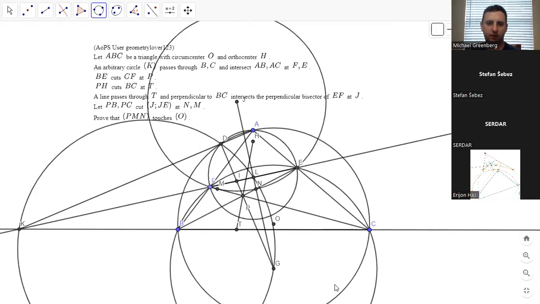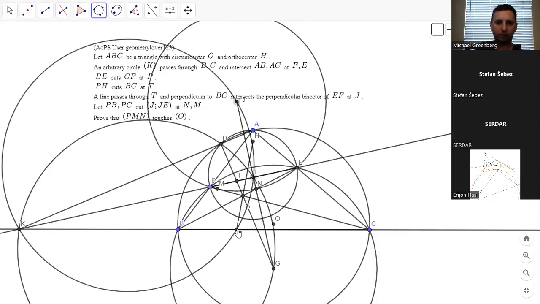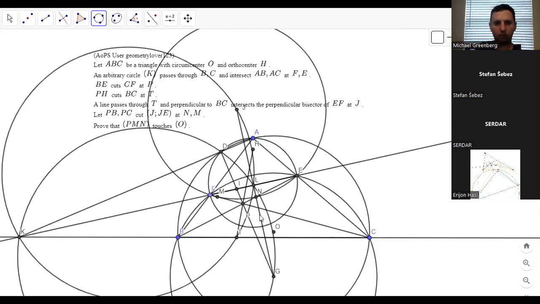Also, JLTK is cyclic, well, because of the way J is defined. And also, I see we need to prove also that JDTG is cyclic.